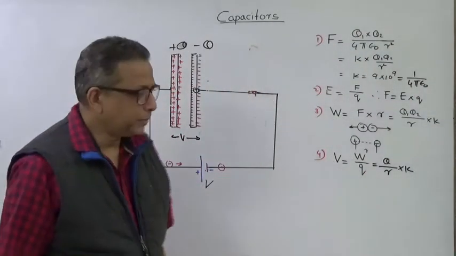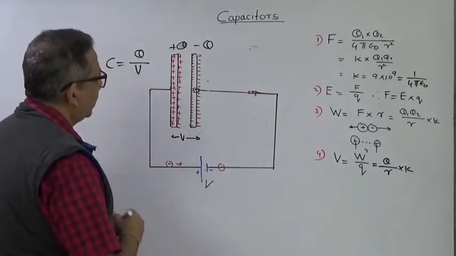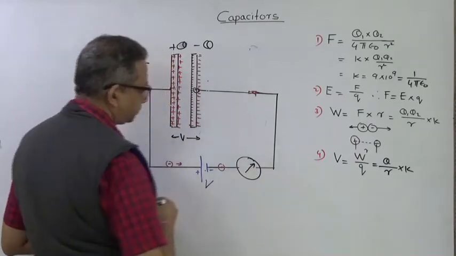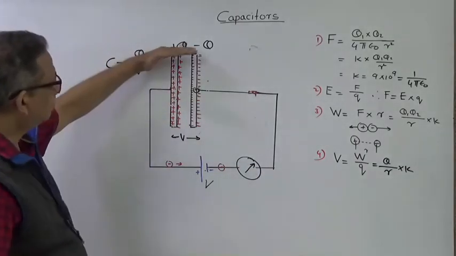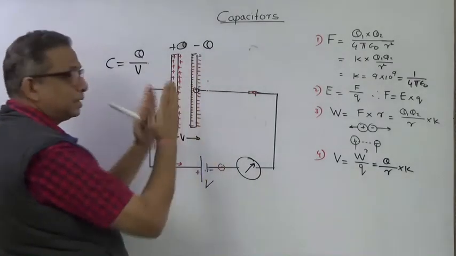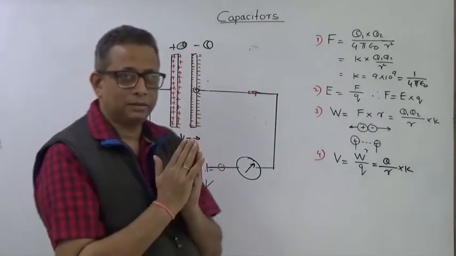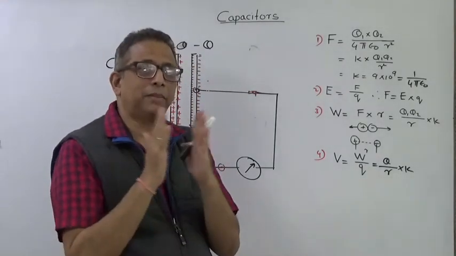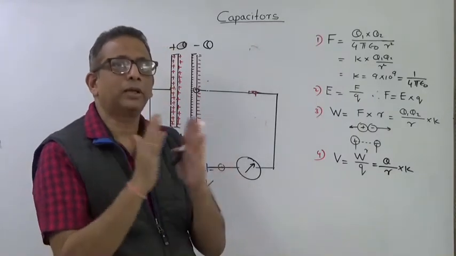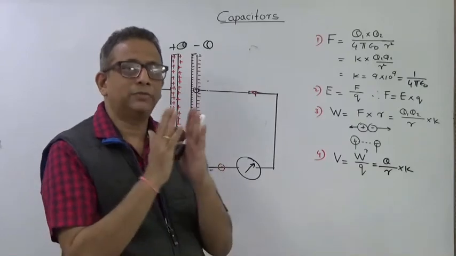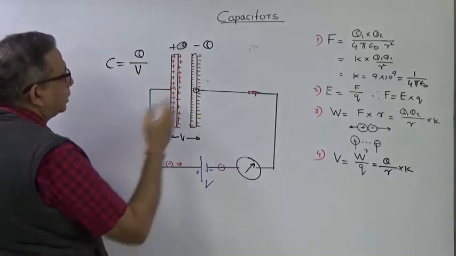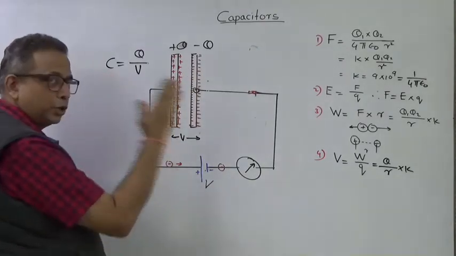So here in this mechanism, as you can see, when I connect this in the initial state, if there is an ammeter, because both the plates are neutral, and they are brought to a very comparable distance, then by changing the distance, the capacitance is also going to change, right? For a given distance, the distance will decide the force. This positive charge is attracting the electron, this negative charge is pushing the electrons.